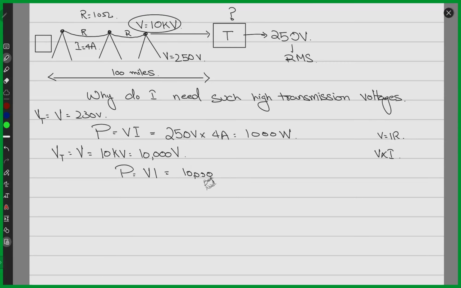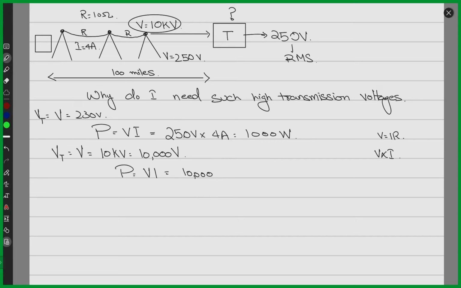So how much did I increase to go from 250 volts to 10,000 volts? I'll have to divide the current by that amount, right? So can you tell me how much of an increment is from 250 to 10,000?